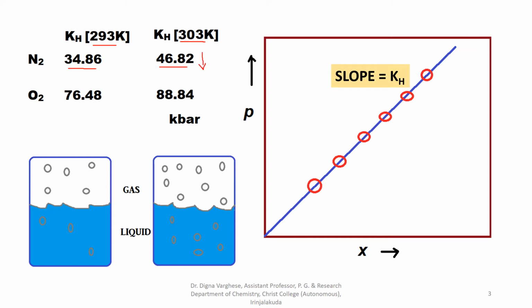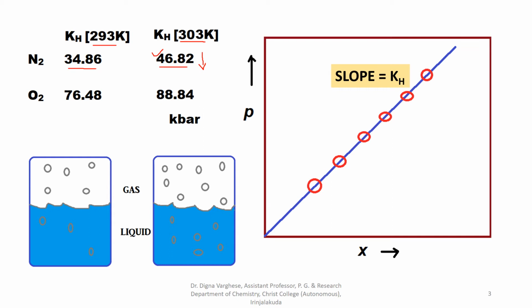We know that as the temperature increases, the gas molecules are removed from the solution or liquid. So as the temperature increases, the solubility of the gas decreases, but its Kh value increases. Kh and solubility are inversely proportional.